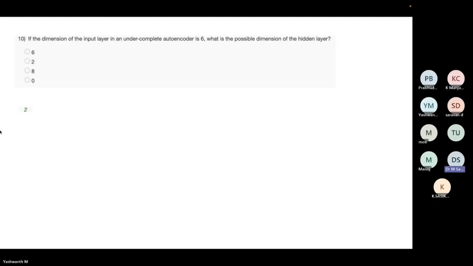Sir, now what will be the role of decoder in case of autoencoder, sir?